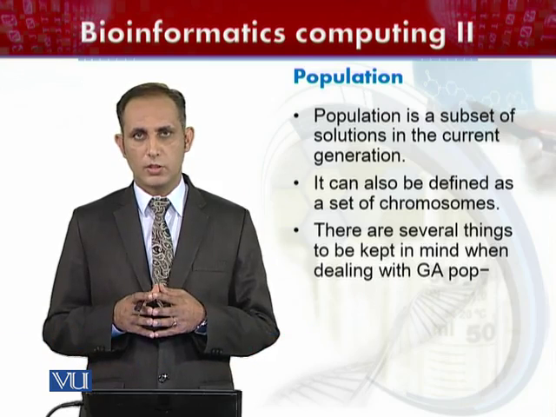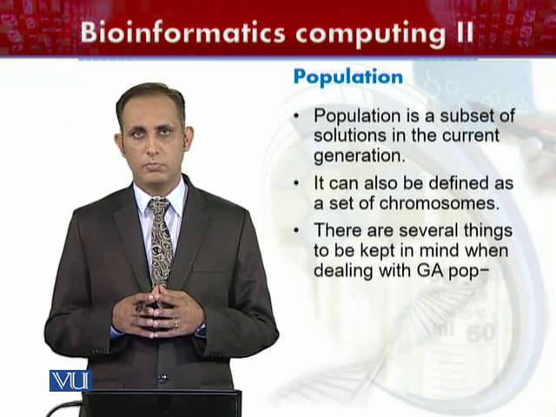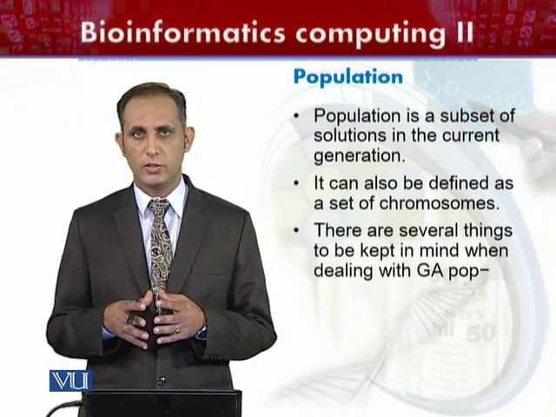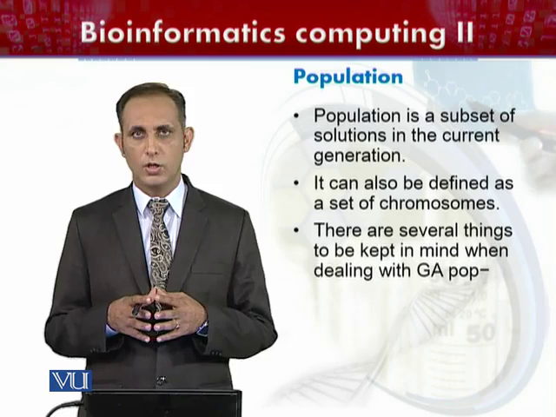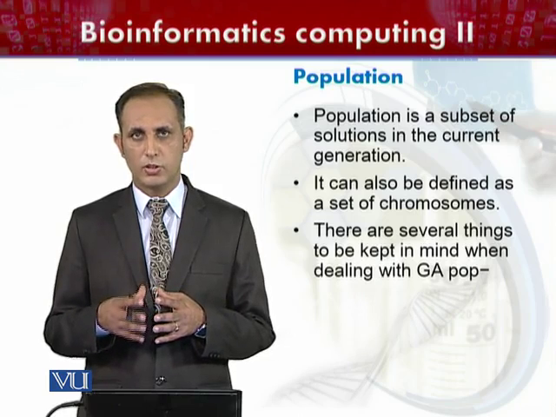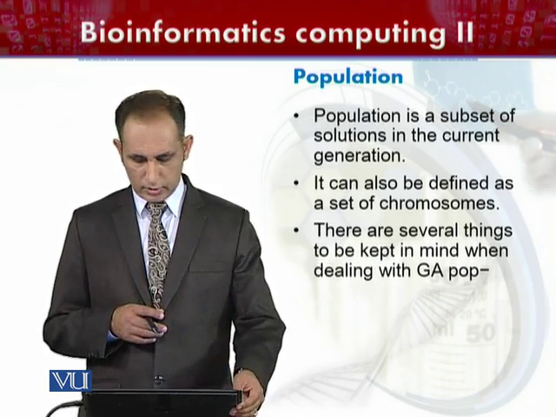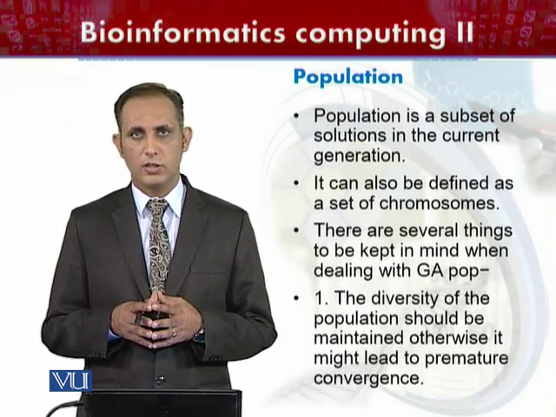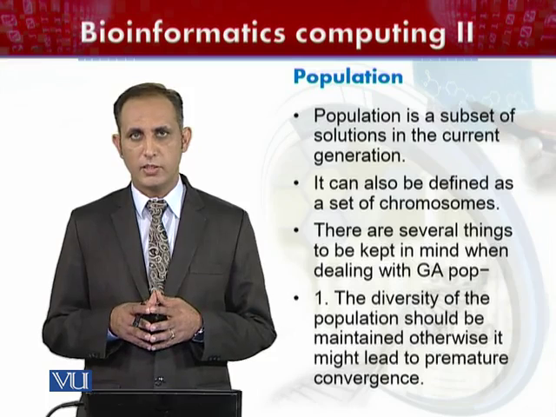Whenever you have to initialize the population in any genetic algorithm, there are certain points which must be kept in mind to deal with the population in a genetic algorithm, and these points are: number one, the diversity of the population must be maintained.